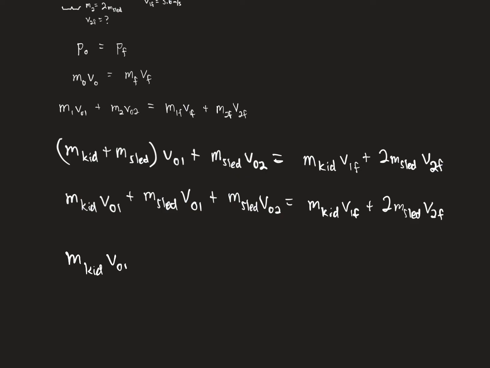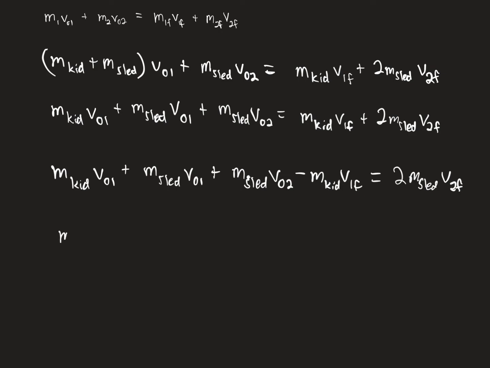times V initial 1 plus M sled times V initial 1 plus M sled times V initial 2 minus M kid times V1 final equals 2 times M sled times V2 final. Divide both sides by 2 M sled.